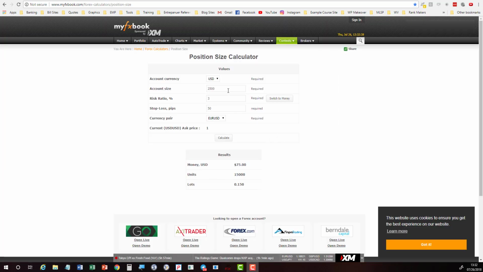So if I all of a sudden lost a bunch of trades and now my account balance is $2,500, notice that 3% of my $2,500 account on that same pair right there is only 0.18. Well, guess what? I have a fixed lot size of 0.18. So really, realistically, on the next trade that I take, it's probably going to be a little bit higher.